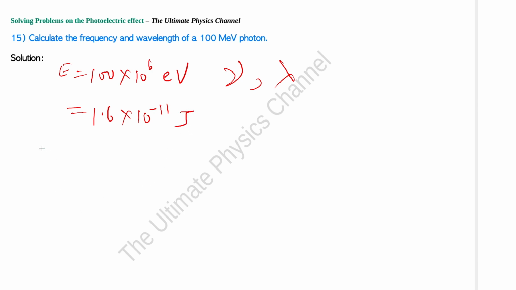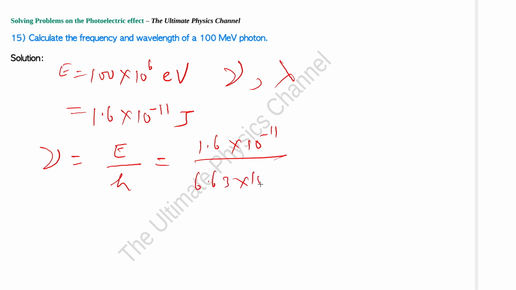And therefore nu is E over h, that is 1.6 into 10 power minus 11 over 6.63 into 10 power minus 34. If you do the numbers, you will get 2.4 times 10 power 22 hertz.